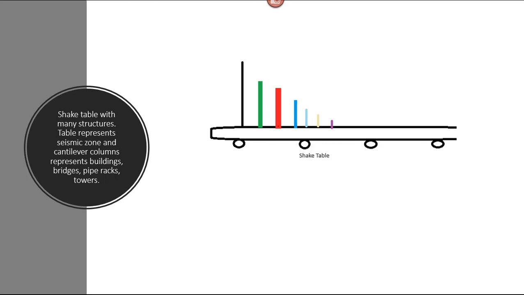And on top of this shake table, we have columns, which are supposed to represent buildings, bridges, towers, pipe racks, you name it. And these columns have different periods or different frequencies. So when you shake this table, you're going to get different behavior depending upon the period and the frequencies of the structures.